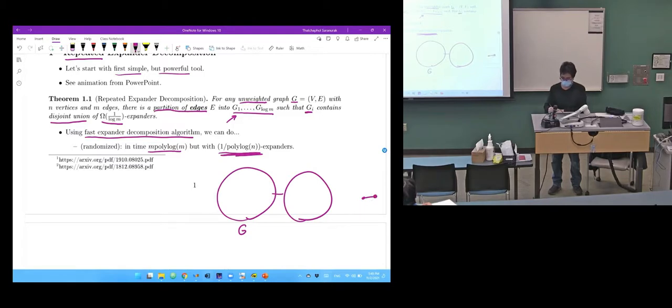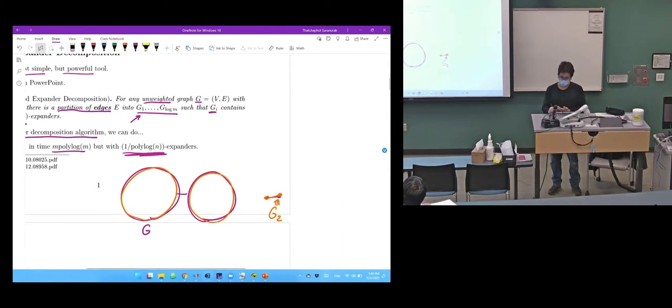Then this single edge, G1 is going to be this, and G2 is going to be this thing. But that's not an expander. This is an expander just for a trivial reason. Any connected graph that has at most 1 over phi edges is a phi expander, right? If the graph is small enough, it's an expander for a trivial reason. Make sense?